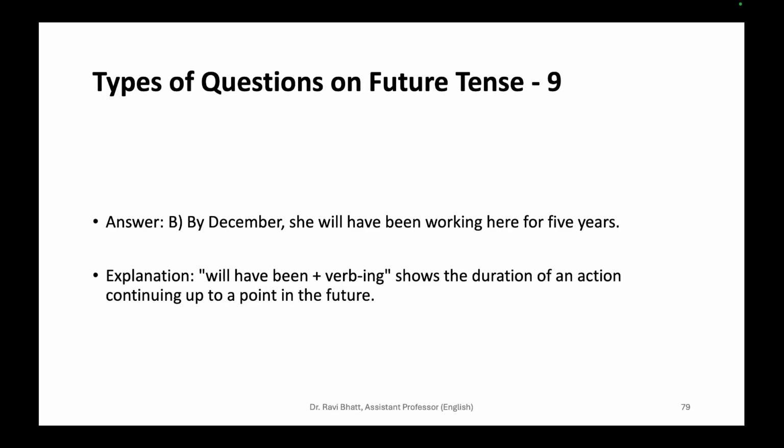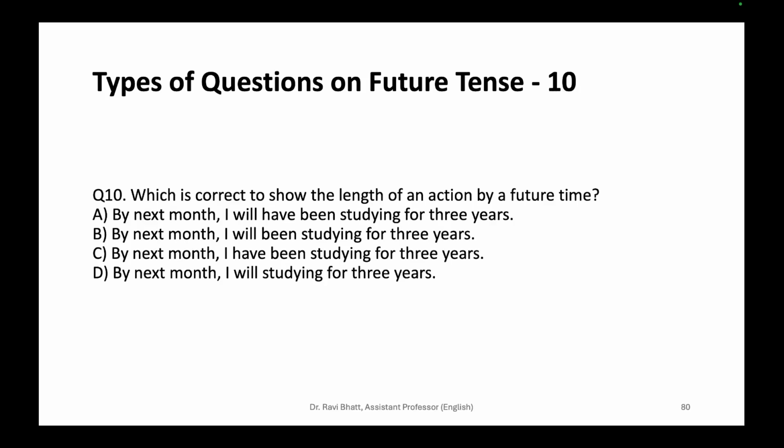Now, quickly moving on to the next question. Which is correct to show the length of an action by a future time? A. By next month, I will have been studying for 3 years. B. By next month, I will be studying for 3 years. C. By next month, I have been studying for 3 years.